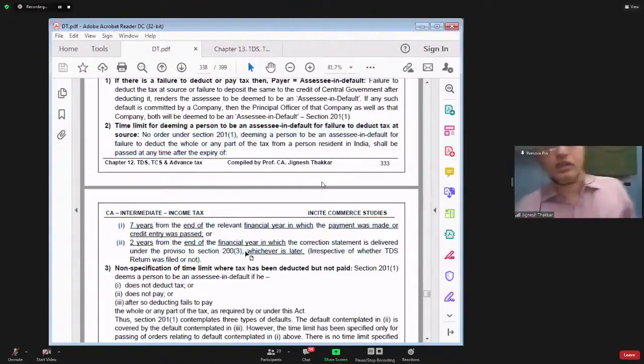Okay. See, if the payer has not deducted tax, or the payer has deducted tax but he has not paid the tax to the government, in that case, what will happen? The payer will be considered as assessee in default.